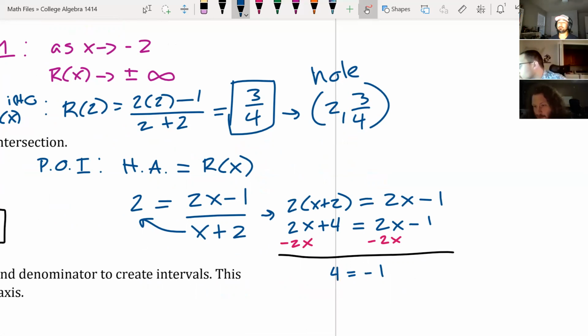Are they going to cancel? And leave us with 4 equals -1? Is that a true statement? No. So this means that since that is not a true statement, we do not intersect.